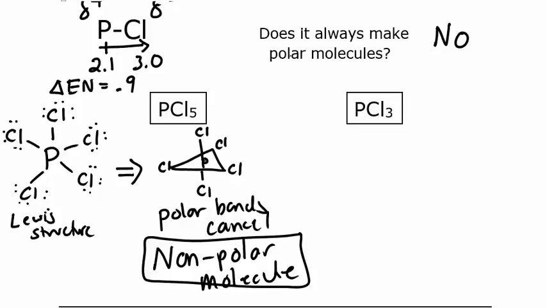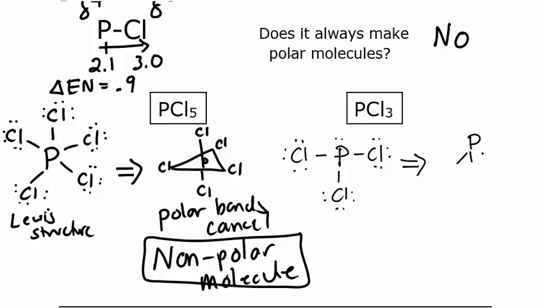But let's look at another example, PCl3, when we draw that Lewis structure. We end up with an octet around every atom, and that again is not the shape, but we can tell from the Lewis structure what the shape is, and it ends up being trigonal pyramidal.